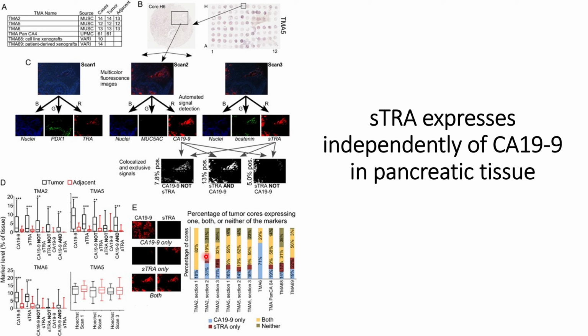So this shows the percentage of cores with only sTRA, the percentage with CA19-9, and some areas that overlap and some that have neither. This makes sense for the TMA5 results, where sTRA only is present but not in the adjacent tissue. However, in the case of the dual CA19-9 and sTRA, it is statistically significantly higher compared to the adjacent tissue, indicating that sTRA also seems to be a predominant marker for the pancreatic tissue.